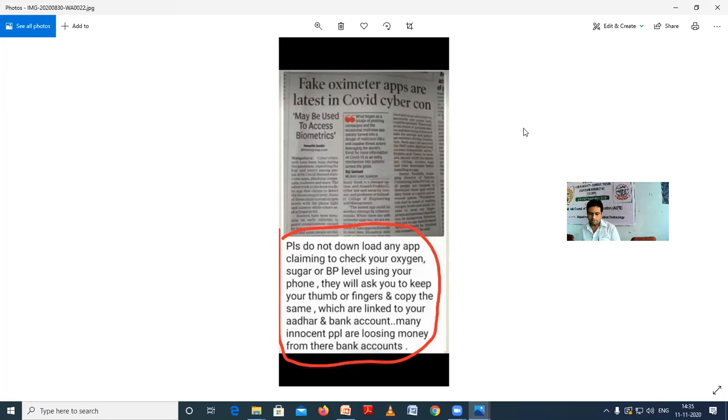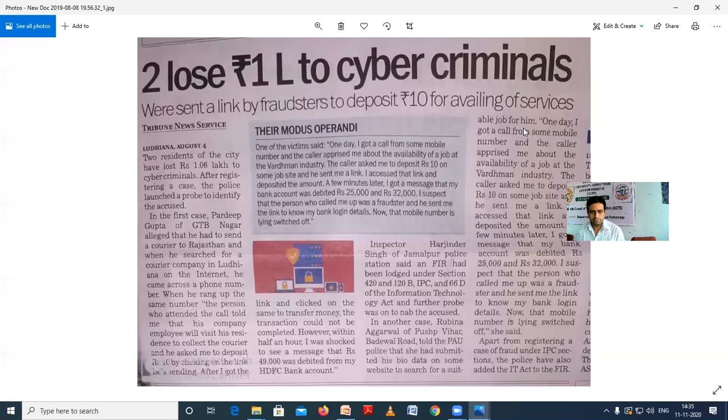As you are aware of biometrics, they are able to fetch your biometric values, which are further connected to your Aadhaar card or bank account, and many innocent people could be looted with these mischievous activities. Innocent people are losing money from their bank accounts.